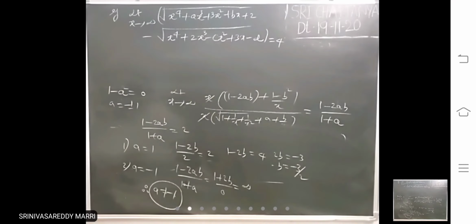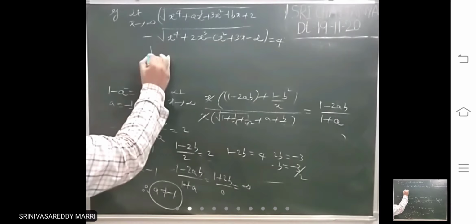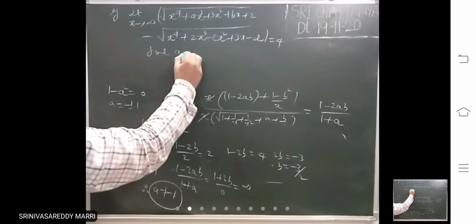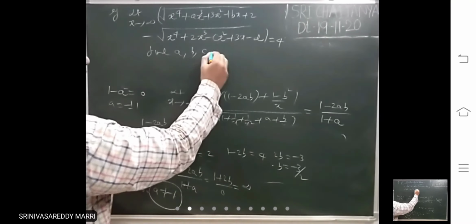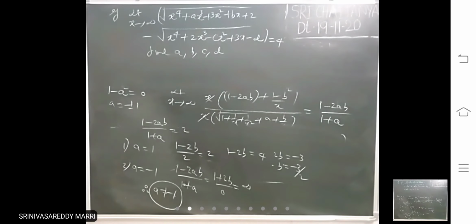Given like this, this limit is given. Find a, b, c, d.